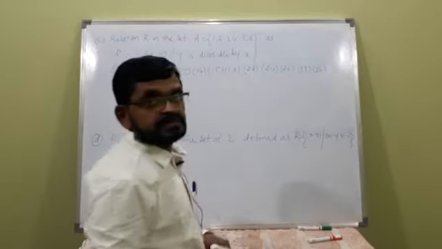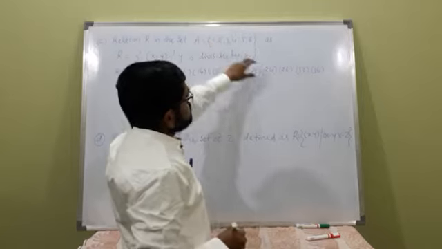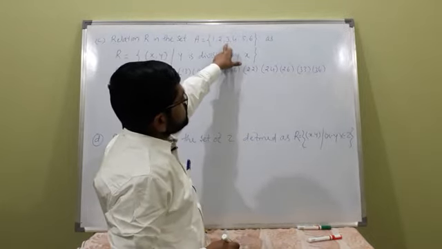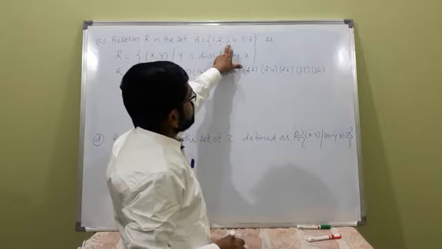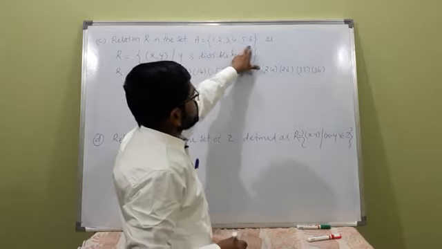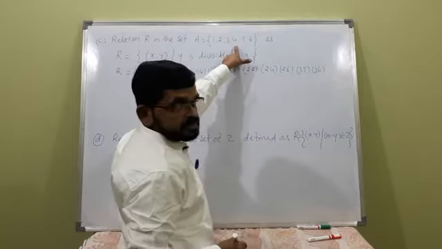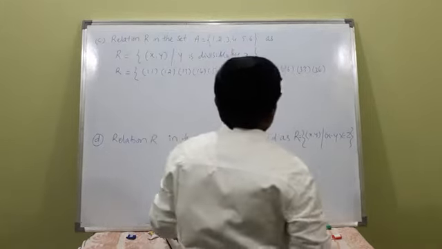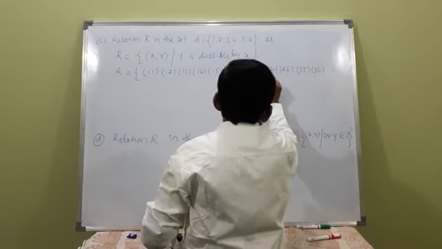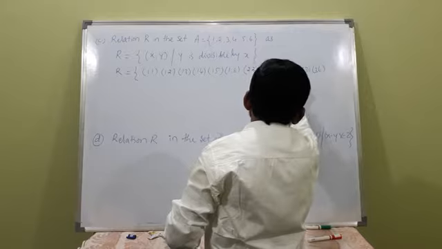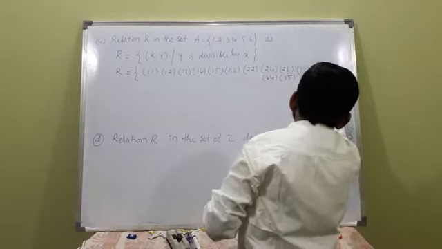You got it. (4,4) up to 6 you have to consider. (3,3) is possible, (3,6) is possible, (2,3) cannot be possible, (2,4), (2,6). Similarly 4 cannot divide any other elements. So (4,4), (5,5) and (6,6).